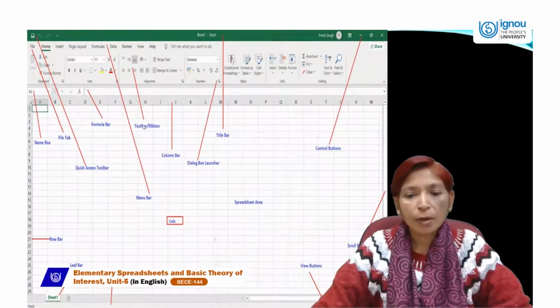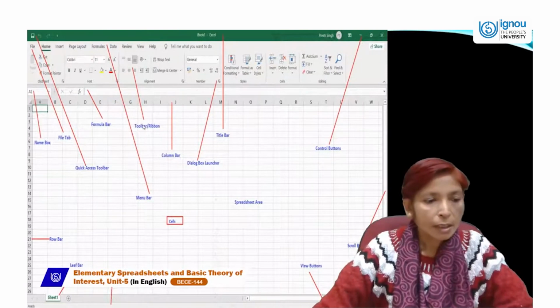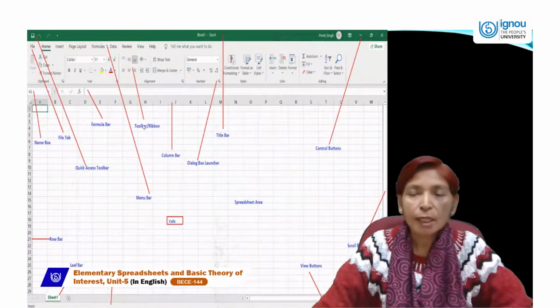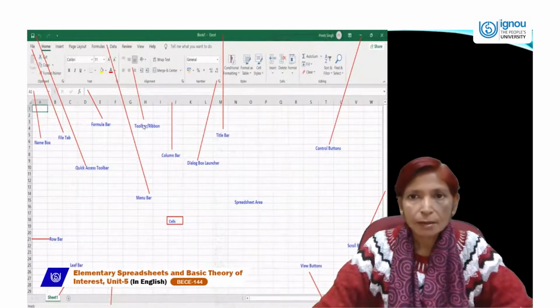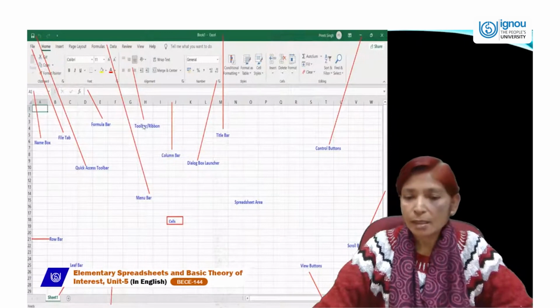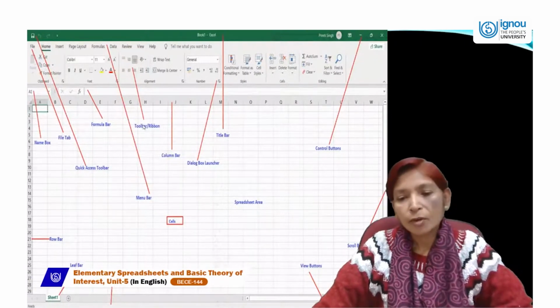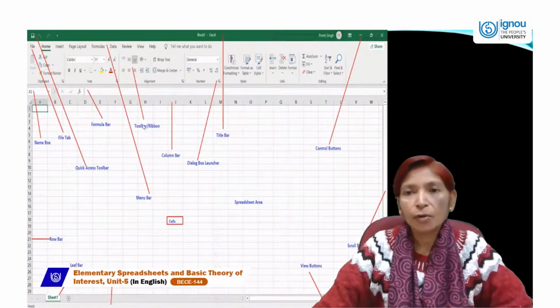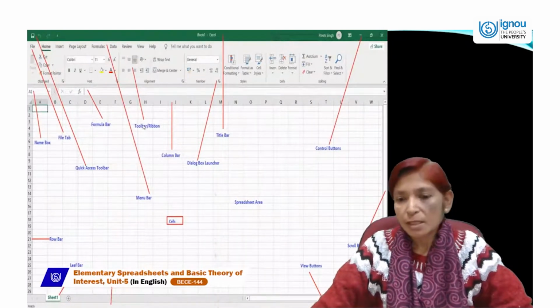Below the spreadsheet, if we are using sheet number 1, it will be called sheet 1, the tab bar. Next is the status bar. Next is the view button, where we can view everything. Next is the scroll bar.